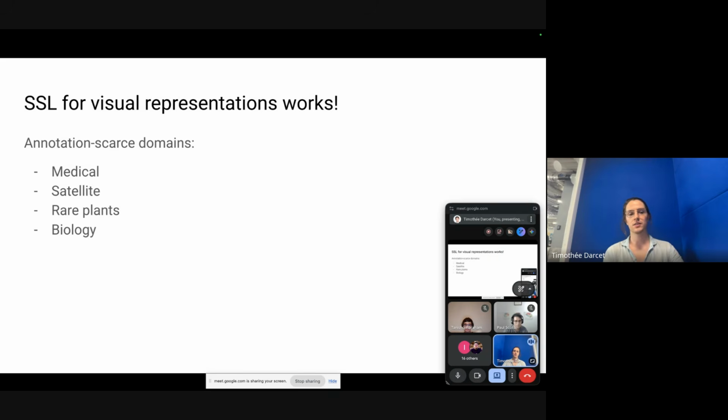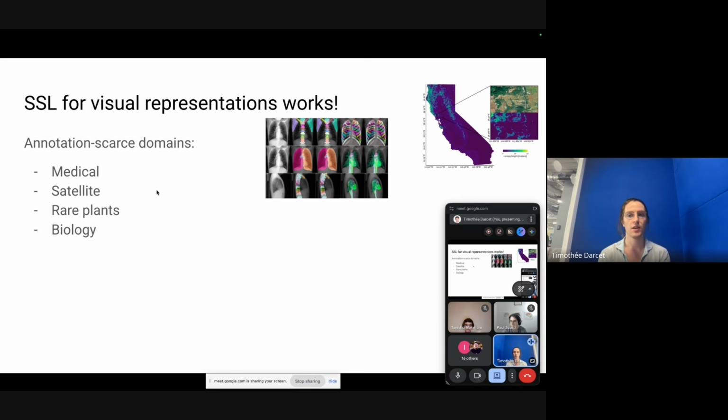And the fact is that I think there are some domains in which you cannot just do without SSL. SSL is just strictly better than anything else we've got. And we started seeing that with DINO v2. So one thing is, for some domains, we just don't have much annotation: medical, satellite, biology. Of course, about medical.